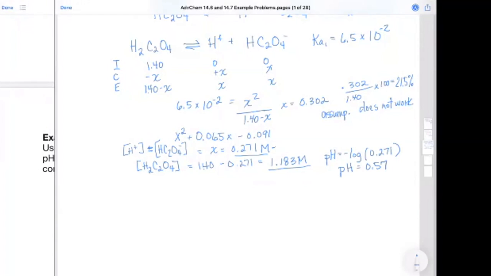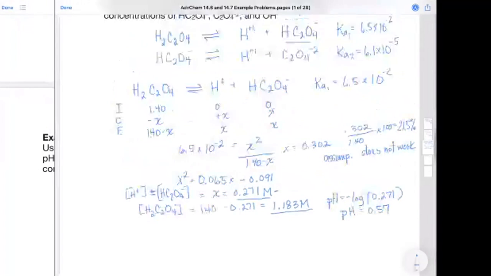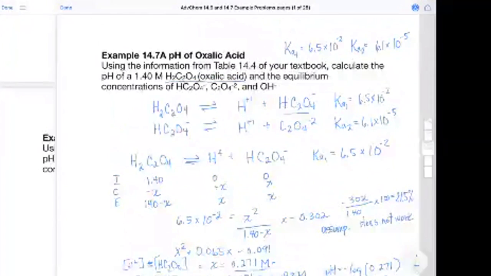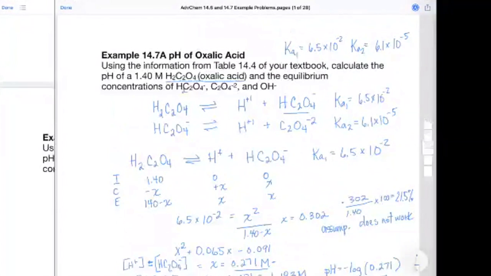Notice the question. Let's go back up because I actually need to fix some things here. So here it should say oxalic acid. So we want to know that concentration. We want to know the HC2O4 concentration. And we need the H concentration.